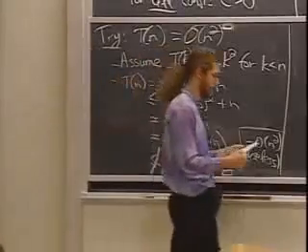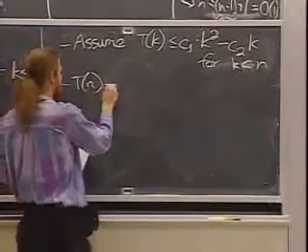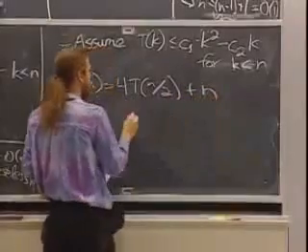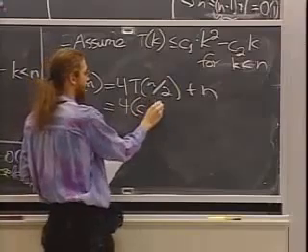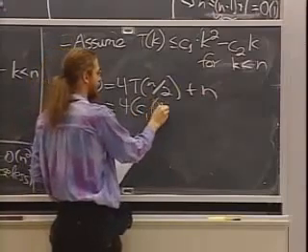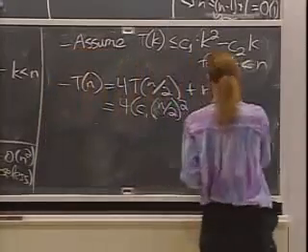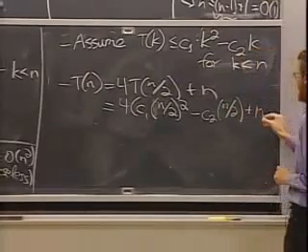Turns out it works. So we look at T of n. This is 4 times T of n over 2 plus n, as usual. Now we expand a slightly messier form. We have c1 times n over 2 squared minus c2 times n over 2, plus n.